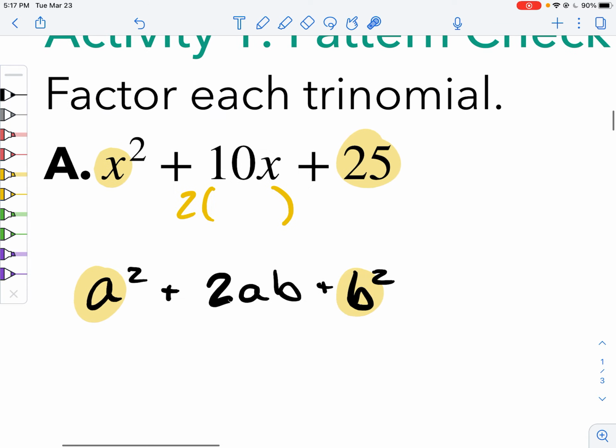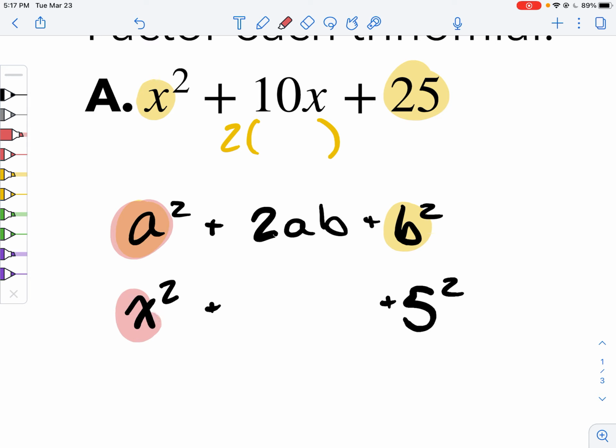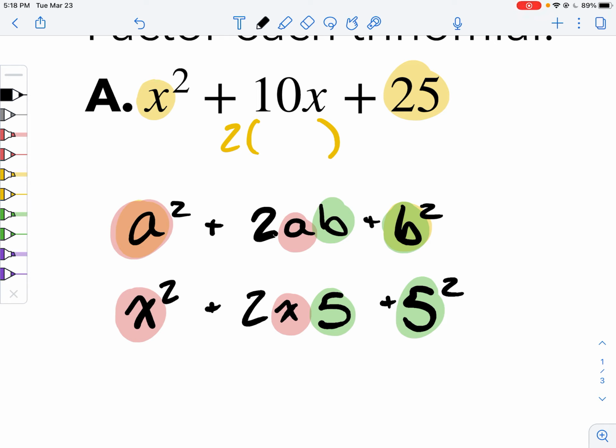Okay, so we check for squares on the outside and an even number on the inside. And we'll say, does that fit? Well, what happens if this is x squared and this is 5 squared? Does the inside match that? If our A here is represented by x and our B here is represented by 5, is that equal to x squared plus 2 times x times 5 plus 5 squared?